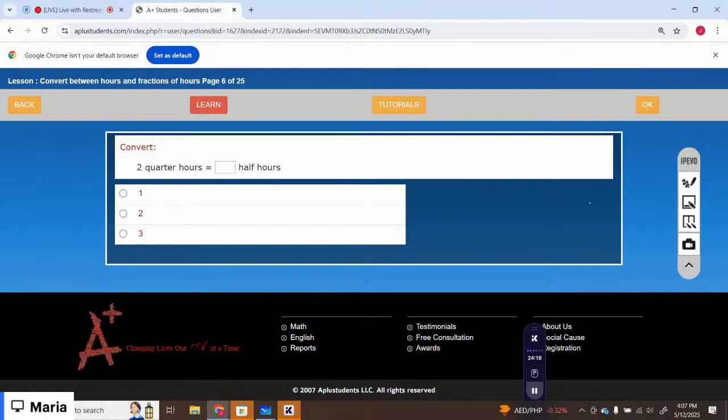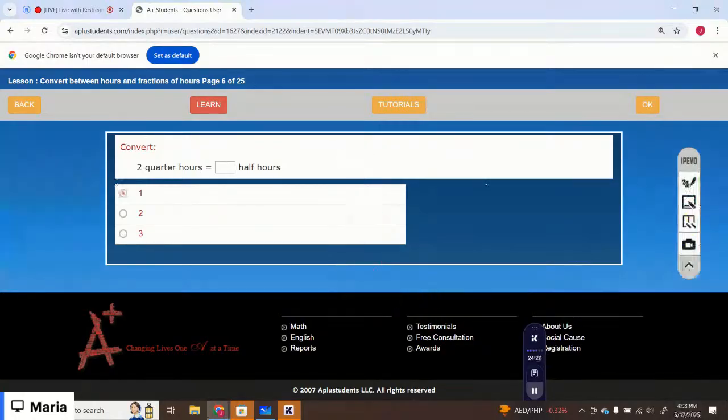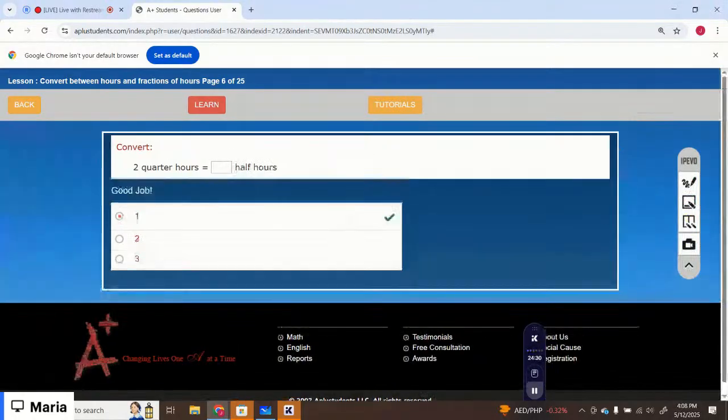2 quarter hours equal 1 half hour. 2 quarter hours means 15 plus 15. So 15 plus 15 makes 1 half hour. Option number 1 is the correct option.